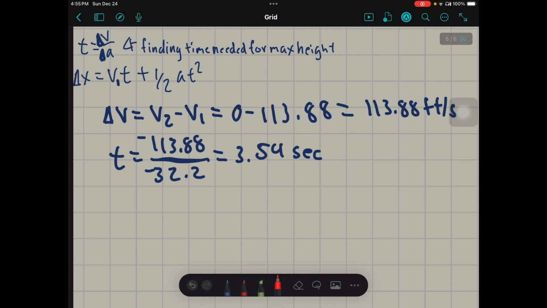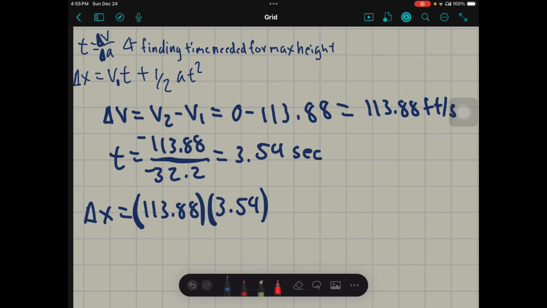So now all we got to do is plug this into this kinematic equation. We have our delta x equals our v1, which is 113.88, multiplied by time, 3.54 seconds, and then we add 1 over 2 times our negative 32.2 acceleration, multiplied by our time squared, 3.54 squared.